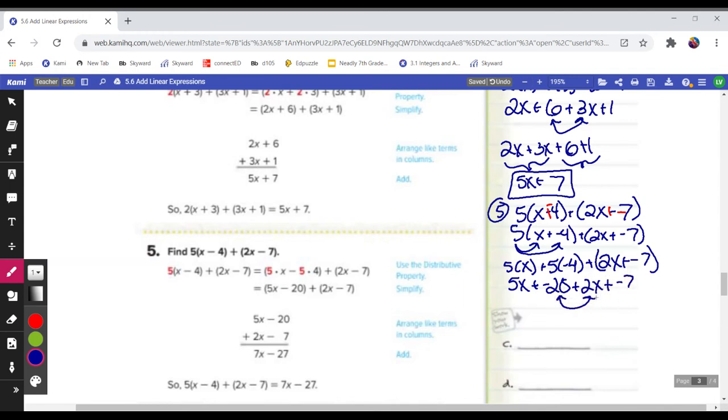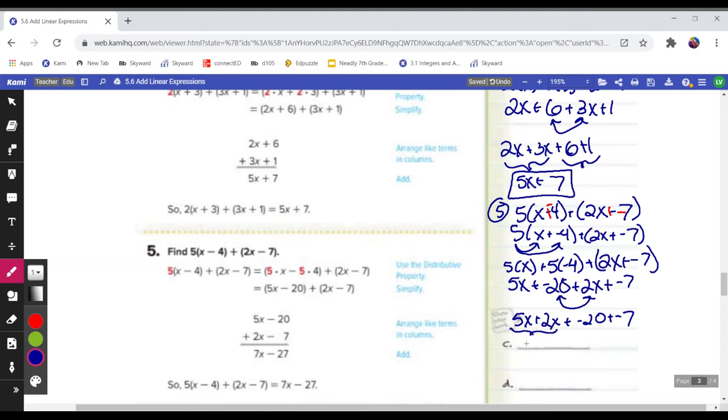Once again, using the commutative property of addition, switching the negative 20 and the 2x. 5x plus 2x plus negative 20 plus negative 7. Do keep that negative with the correct term. You don't want to make 2x into a negative and 20 into a positive.